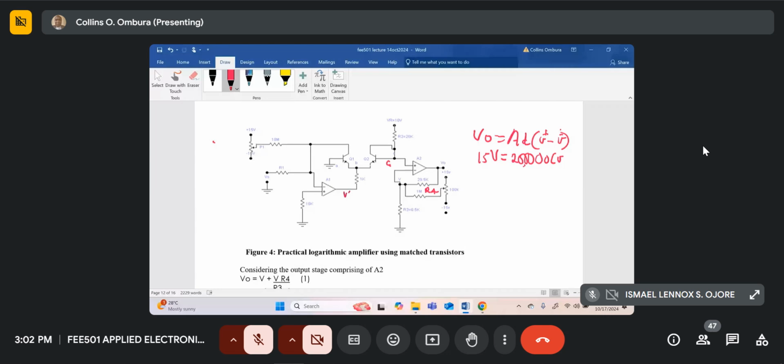Then the difference between the two voltages works out to microvolts.